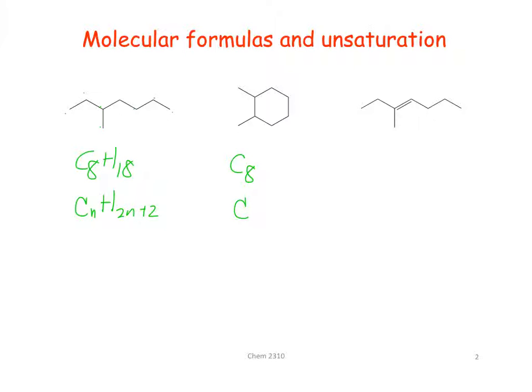So the formula of this compound is going to be CnH2n. So if we went from this type of structure to this one, we'd have to lose 2 hydrogens. And this loss of 2 hydrogens equals what we call an unsaturation.